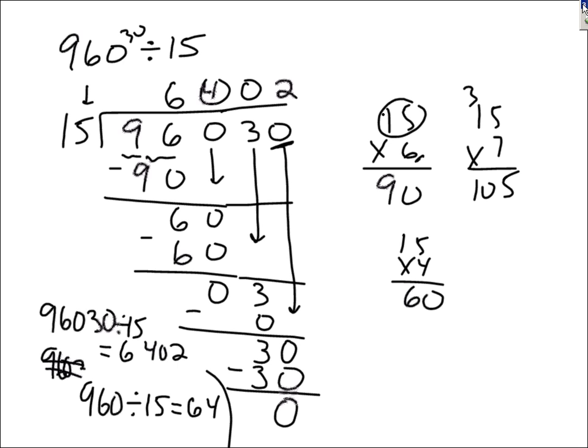Now, I even want to modify this problem ever so slightly. What if the last digit was not 0, but rather an 8? So, when we came down, it really should be 38.